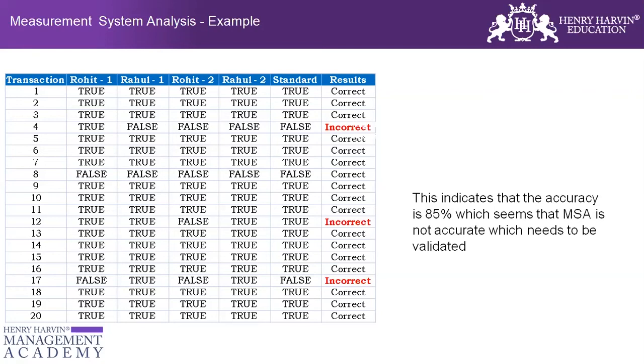But in a typical Six Sigma project, the standard says 3 operators and 3 trials. In pharmaceuticals, as you said, each and every one is measured, and all the operators have to be accurate with the standard, because they cannot afford to make any error.